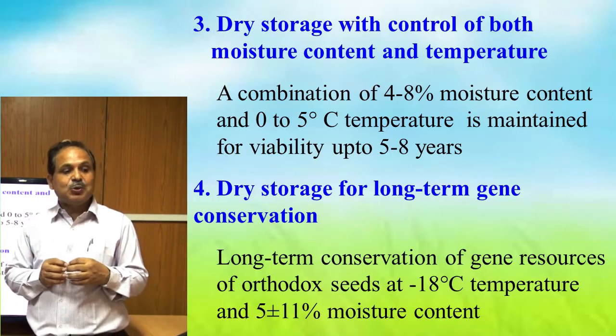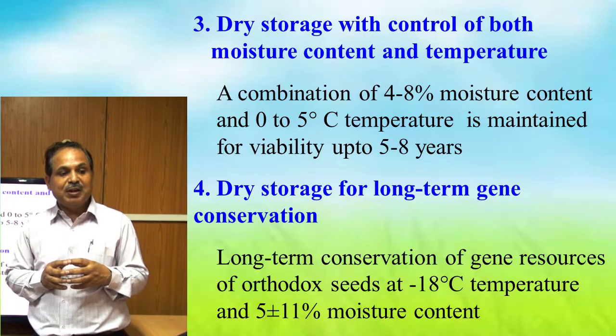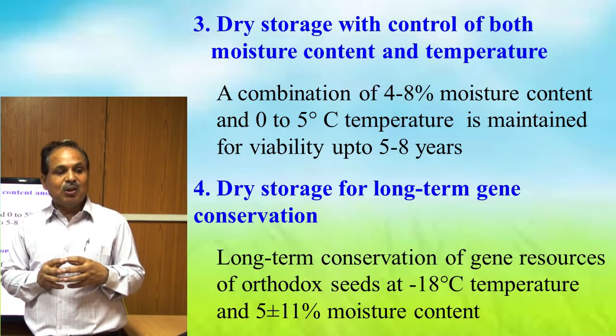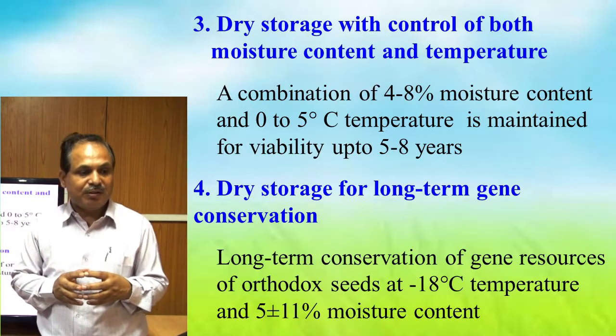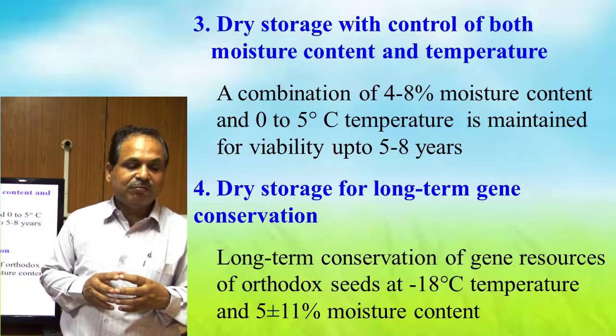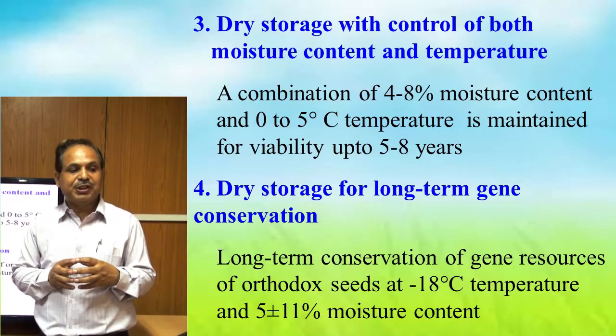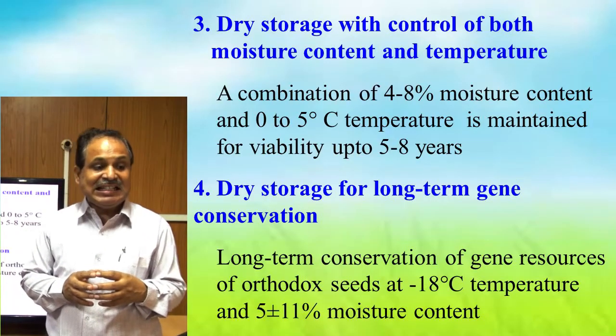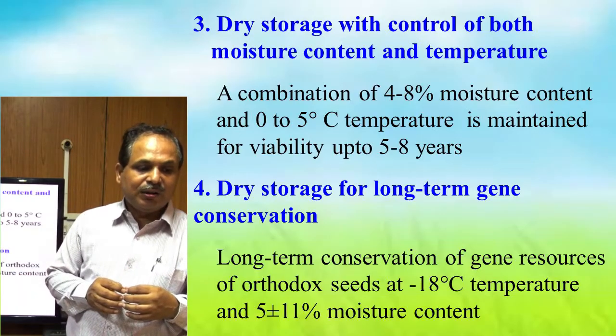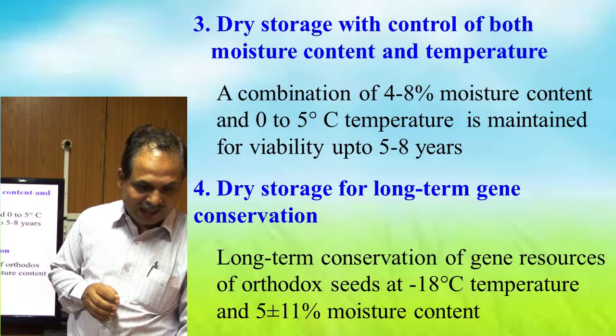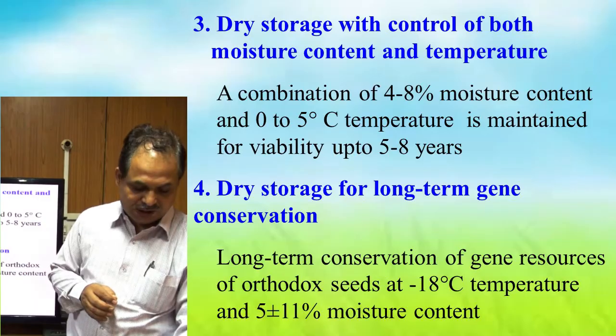The next is dry storage for long-term gene conservation: long-term conservation of gene resources, particularly of orthodox seeds, at minus 18 degrees temperature and 5 plus or minus 1% moisture content.